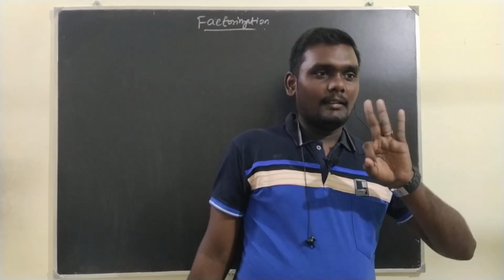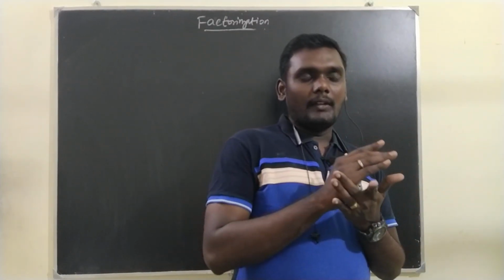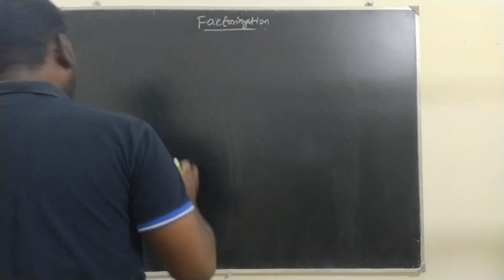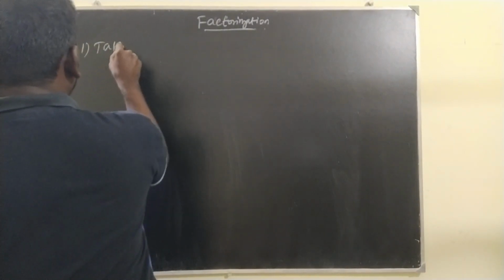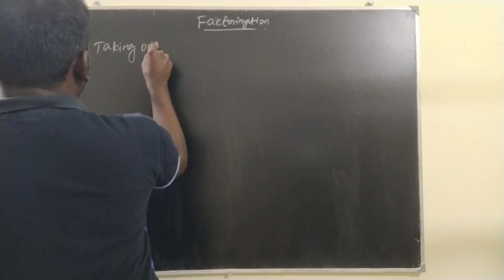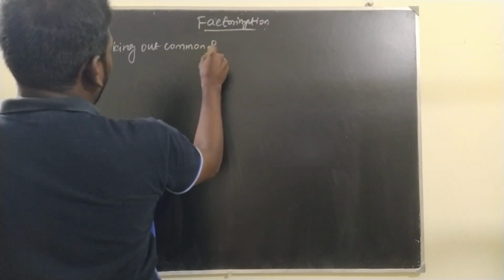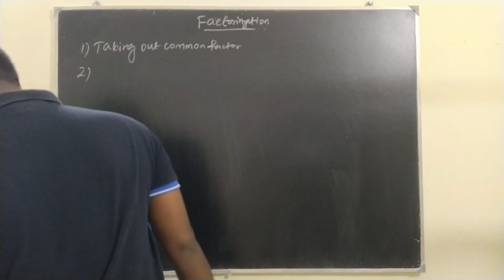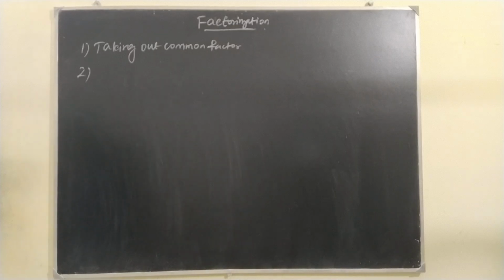So, there are 4 ways, 4 things we are going to discuss. The first 3 ways are simple. The first way is factorization by taking out a common factor, and the second is the grouping method.